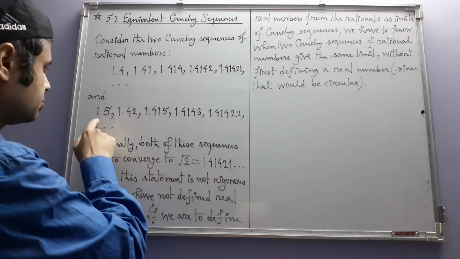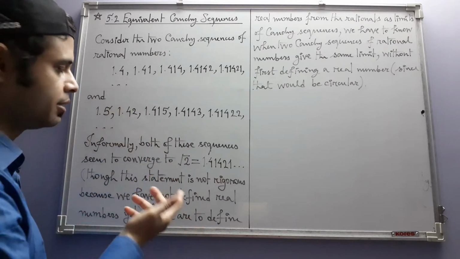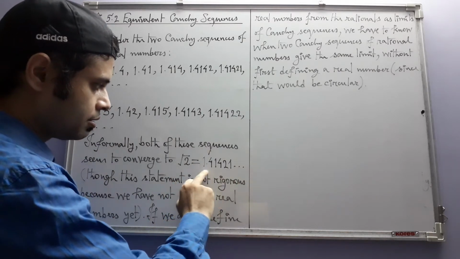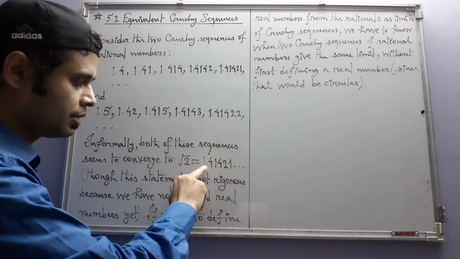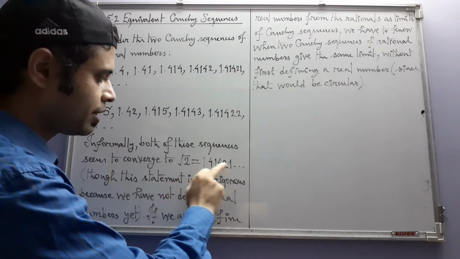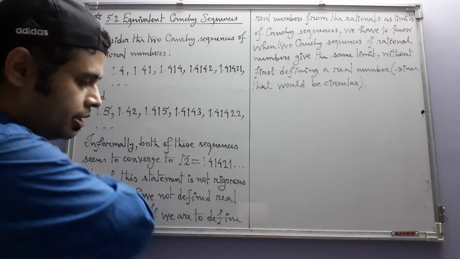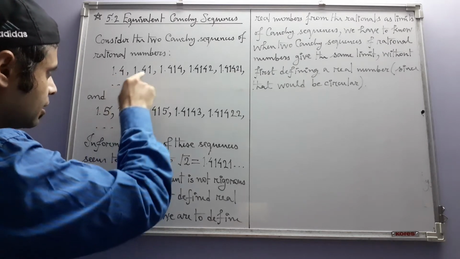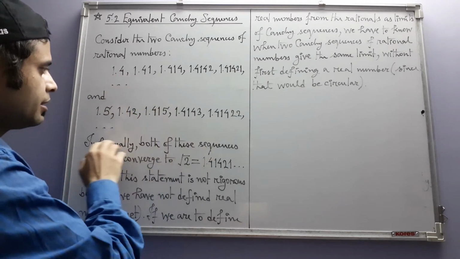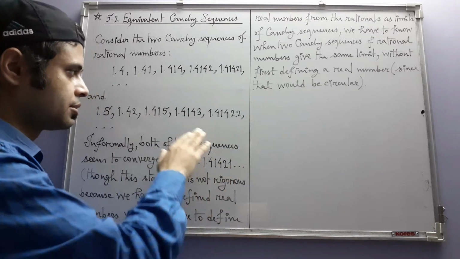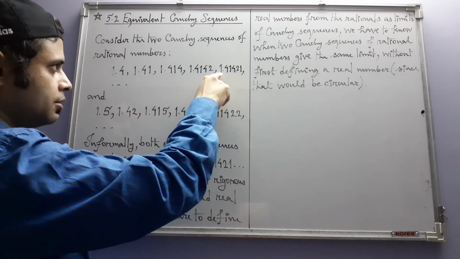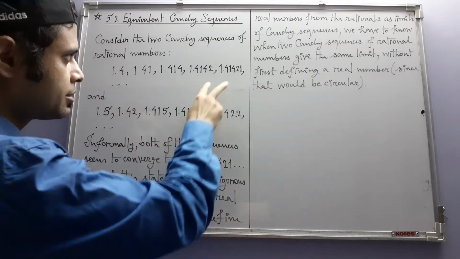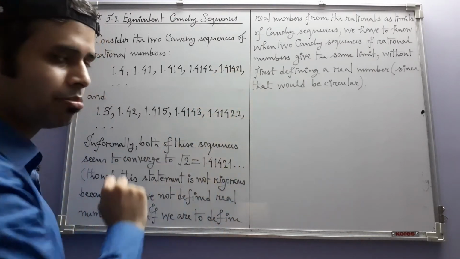Why? Because these numbers look different, but note that this is the decimal expansion of square root of 2, a first few decimal digits have been shown here. In spite of this difference in the last digit, you can see that as you go down the sequence, the difference between the two sequences becomes smaller and smaller, in the sense that more and more digits match.